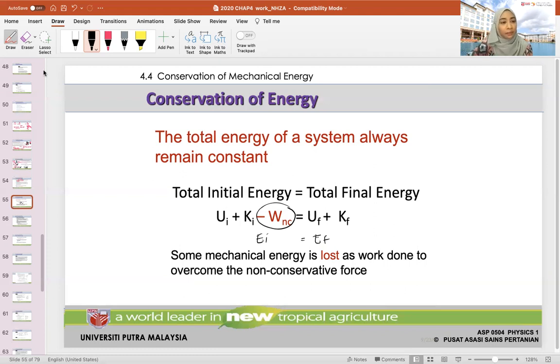If I put it on the initial condition side, it becomes a negative sign. If I put it on the other side, UI plus KI equals UF plus KF plus W non-conservative, it becomes positive. Remember that on the initial condition side it becomes negative, and if you transfer it to the other side it becomes positive. Both are correct and will give the right answer.